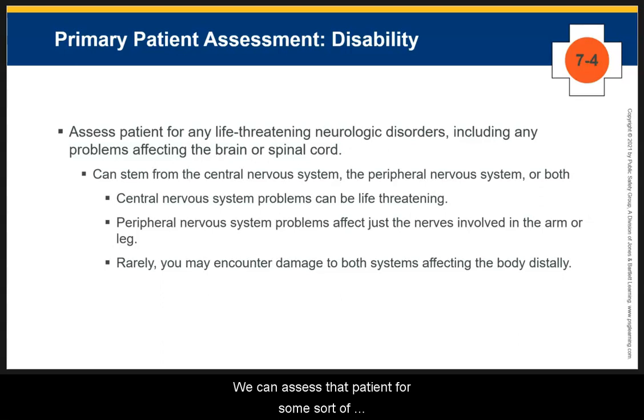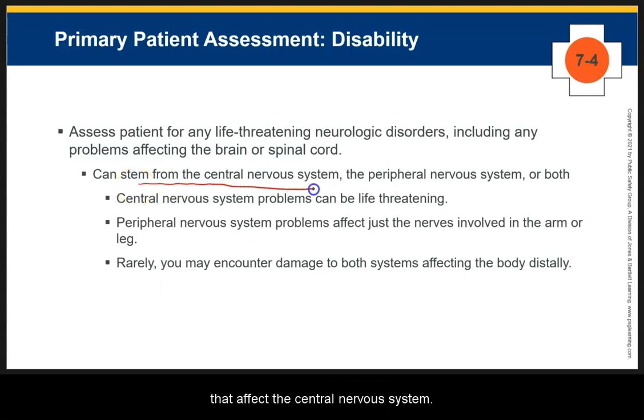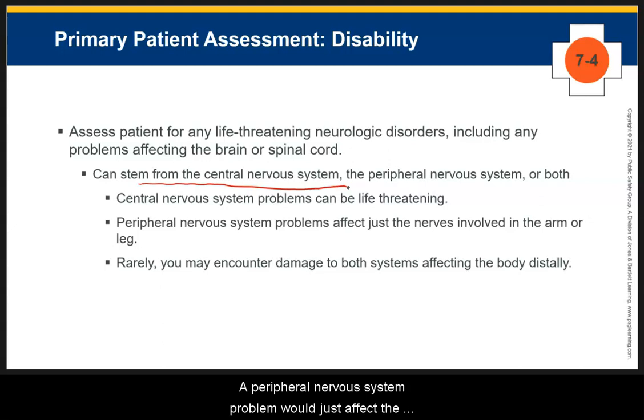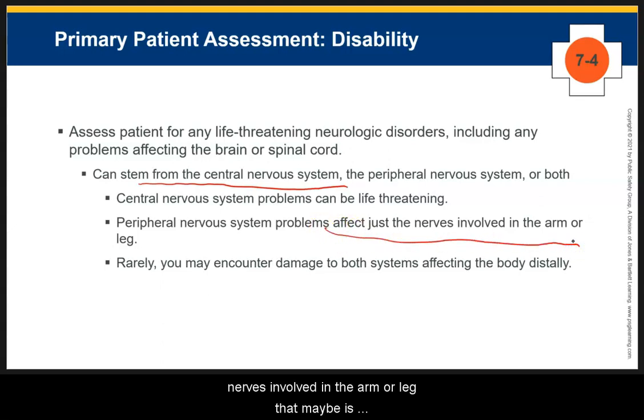We can assess that patient for some sort of life-threatening neurological disorder, in particular those that affect the central nervous system. A peripheral nervous system problem would just affect the nerves involved in the arm or leg that maybe is traumatically injured.